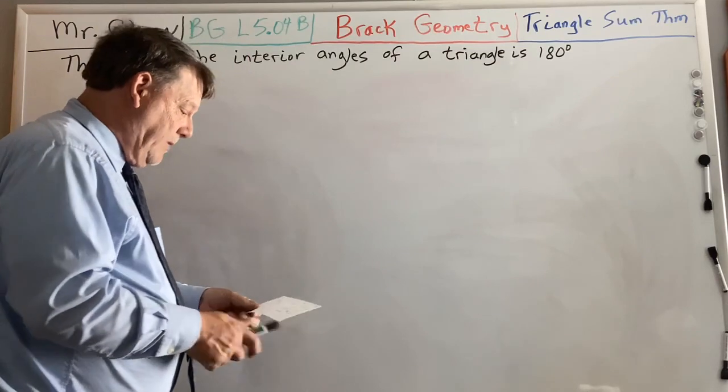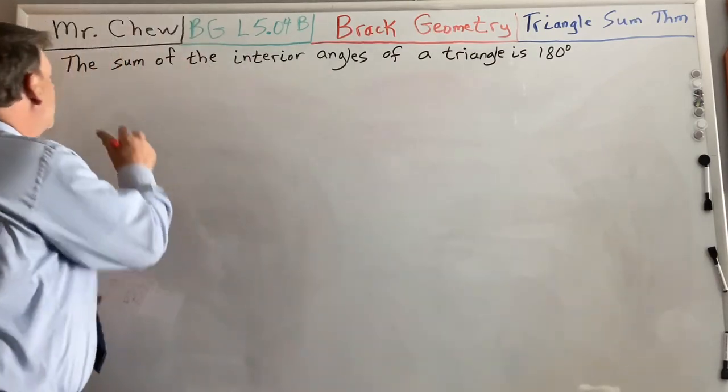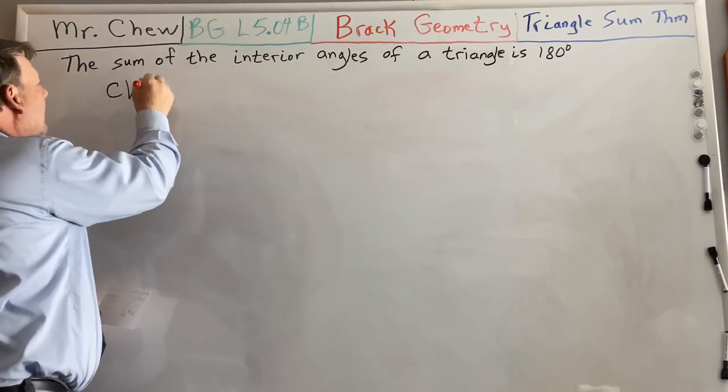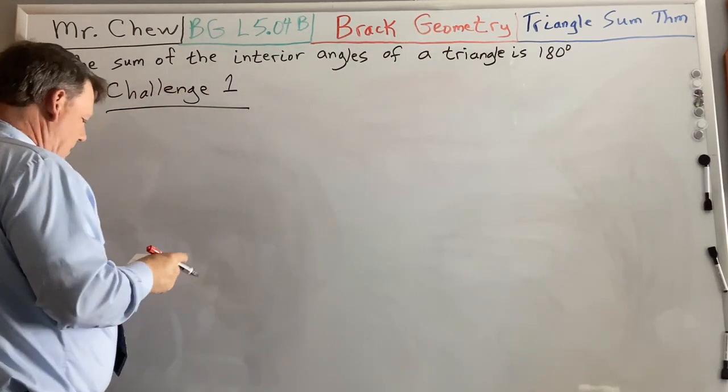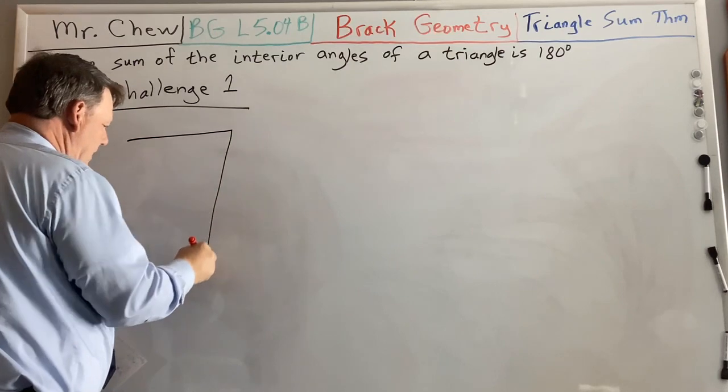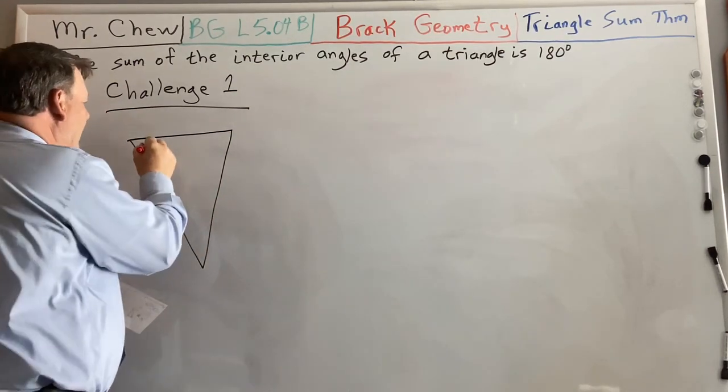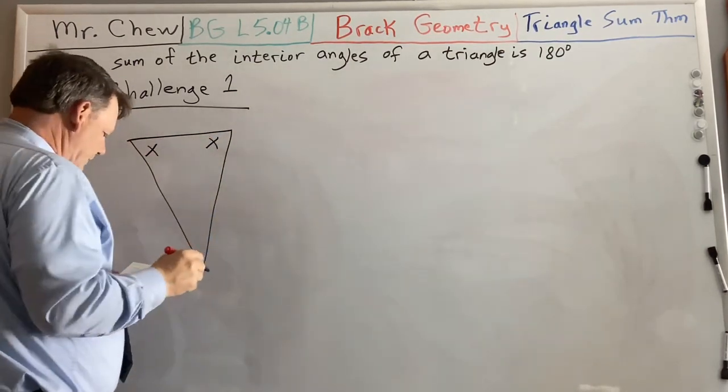All right, one of these will be kind of hard for me to draw. So here's challenge 1. Challenge 1 is what's called an isosceles triangle.